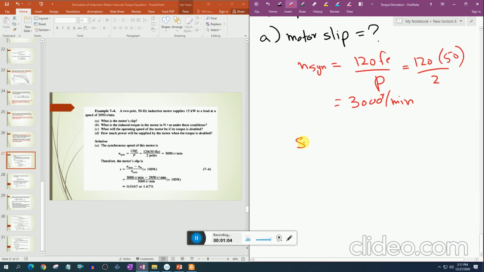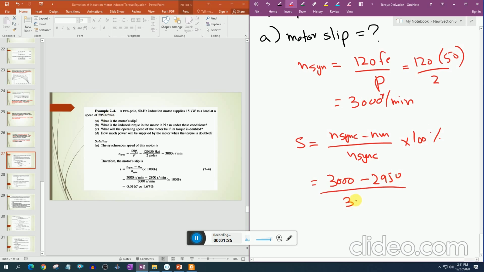And the slip formula you already know is s equals n synchronous minus nm divided by n synchronous, multiplied by 100%. It will become 3000 minus rotor speed 2950, divided by 3000, multiplied by 100%, and it will become 0.0167 or 1.67%. This is the slip.